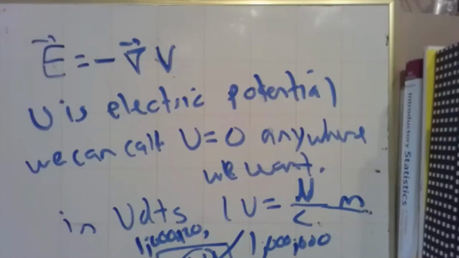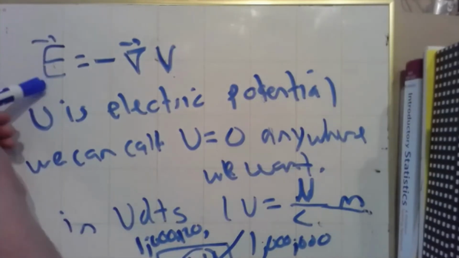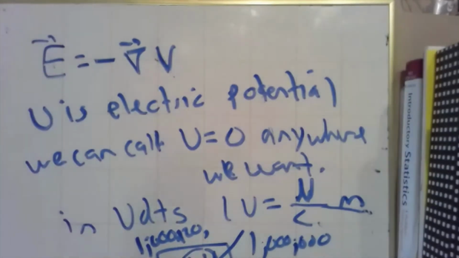Other people will argue, no, E is the real thing, and V is the mathematical construct that we use just to make the math easier in some applications. Philosophically, it doesn't matter. You could take one stance or the other. I take the second one because V is not well defined. It's only defined up to an additive constant. E is 100% defined.